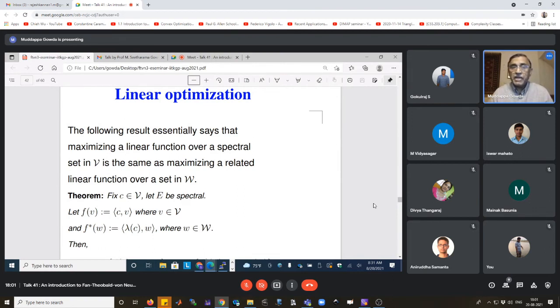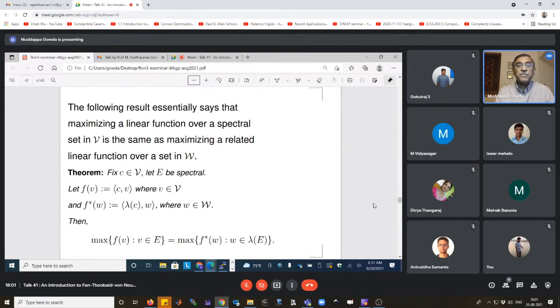Suppose you're maximizing a linear function over a set in Sn or in Hn, and the set is described by means of inequalities involving eigenvalues. You can transform that problem into a problem in Rn, and a problem in Rn may be much simpler to solve than the problem over matrices. And that is the reason why this result becomes important.